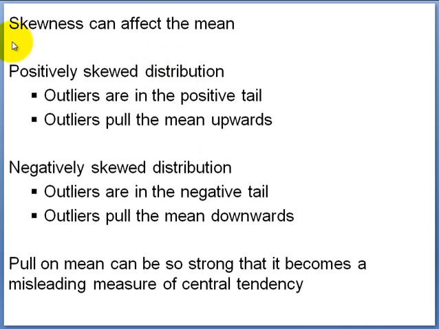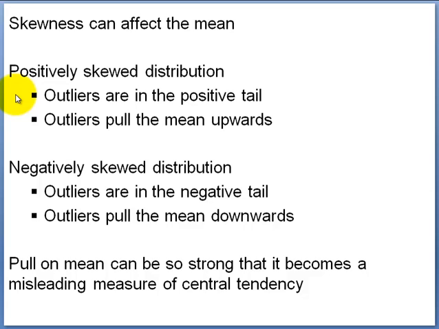What are the implications of skewness for statistics? And right now we're dealing with univariate descriptive statistics. Skewness can exert influence on measures of central tendency. That's particularly so for the mean. Saying that a distribution is positively skewed says very much the same thing as saying outliers are in the positive tail.